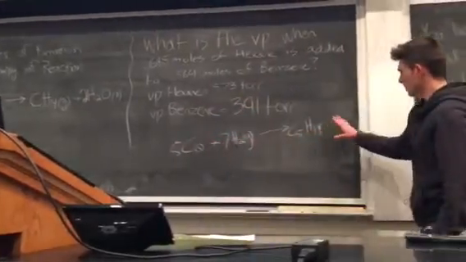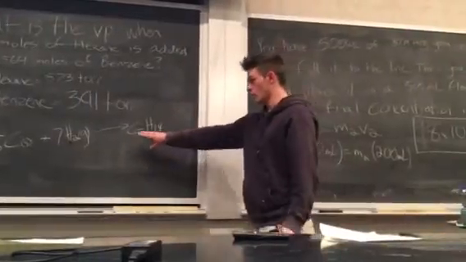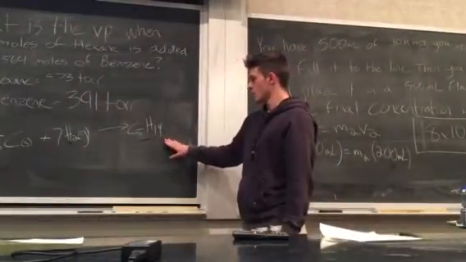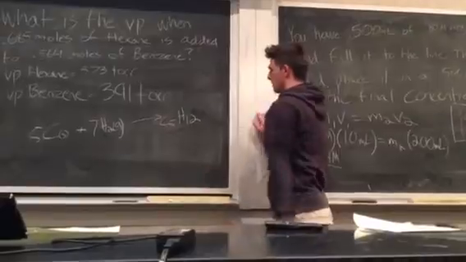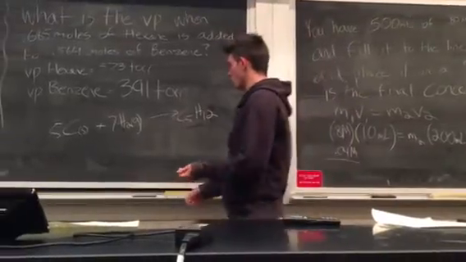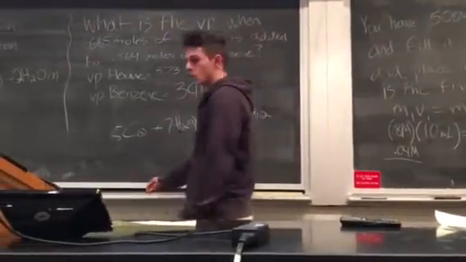So whatever the enthalpy of this reaction is, that would be the enthalpy of formation for pentane. So that's how you do delta HF.